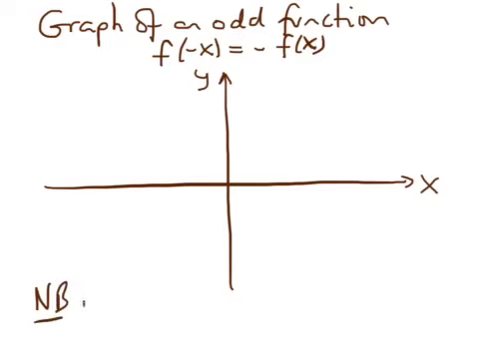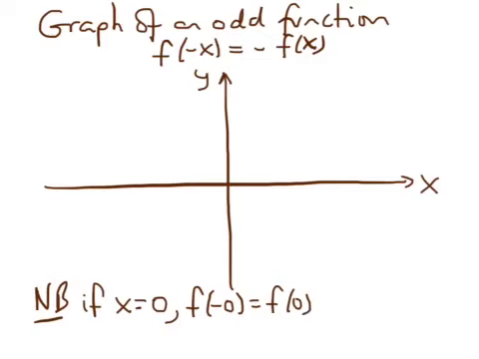So note, if x equals 0, f of minus 0, which is of course f of 0 because 0 is equal to minus 0, must also equal minus f of 0, where for this last step what I'm using is our definition here. If I put 0 in here, here I have f of minus 0, which is 0, so f of 0 must be minus f of 0.